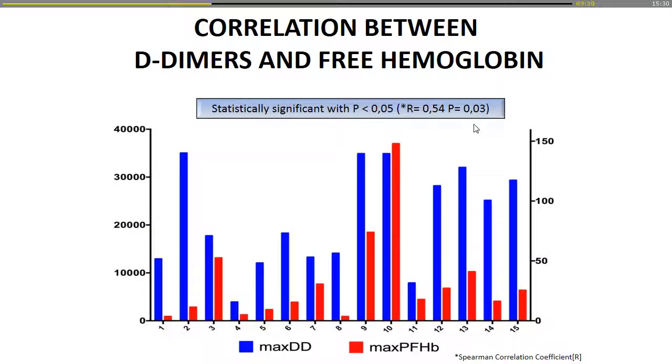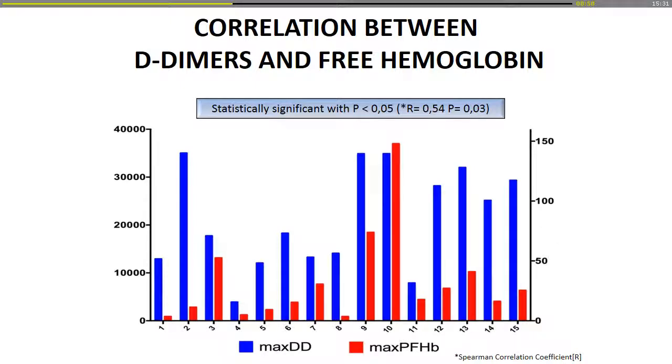And in this slide, we can see the relationship between maximum D-dimers and the value of maximum free hemoglobin during the ECMO run. There seems to be a correlation between high free hemoglobin levels and D-dimer values. In fact, D-dimer is a residue of destruction of fibrin macroaggregates, which are formed not only during coagulation, but also in a severe inflammatory event that causes microcoagulation in the microcirculation.